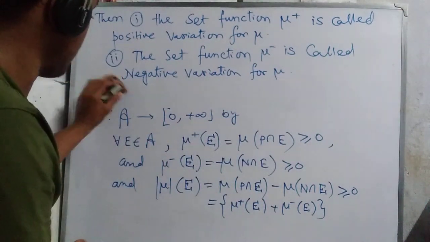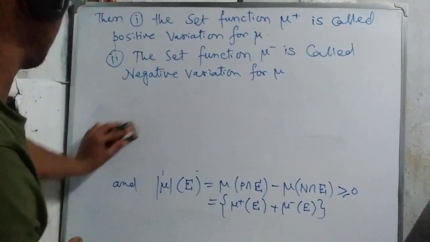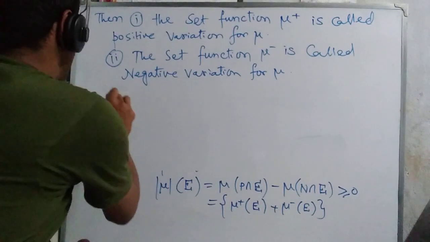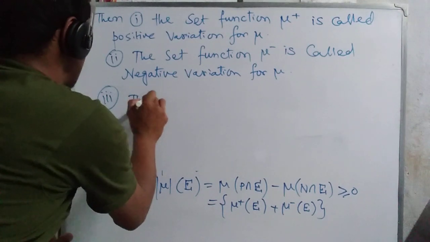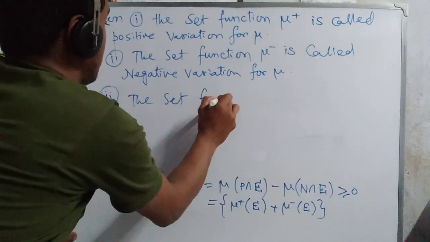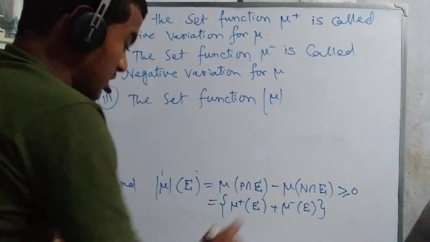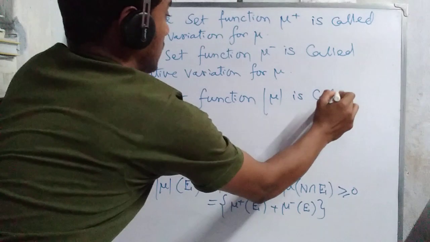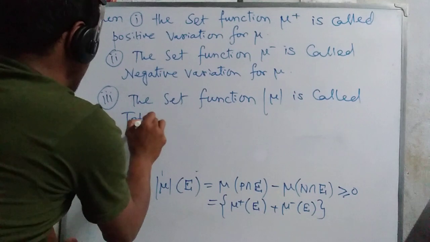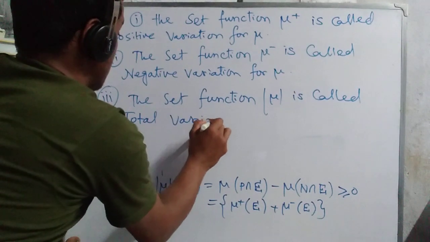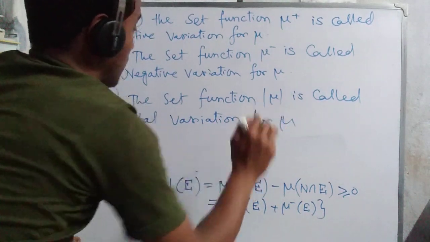And third, the set function modulus of mu is called the total variation for mu.